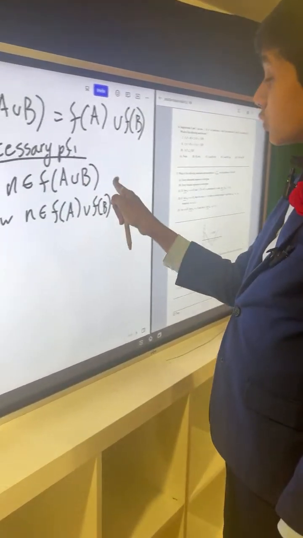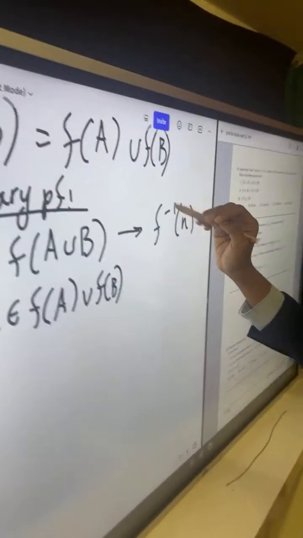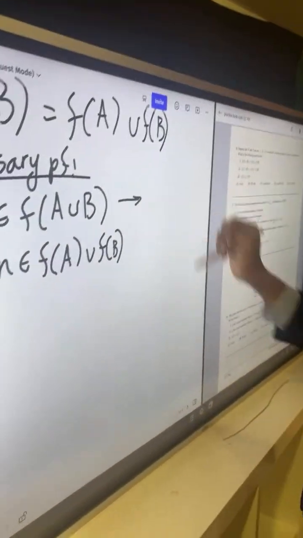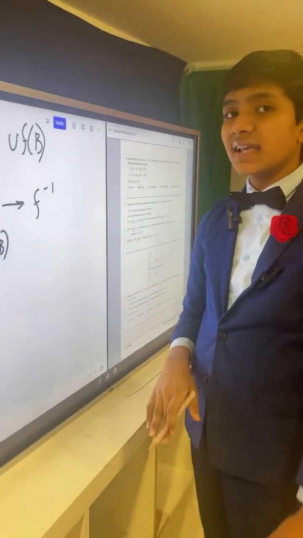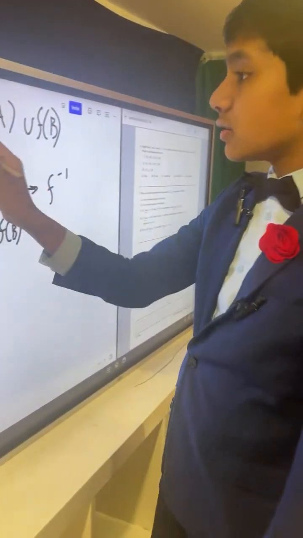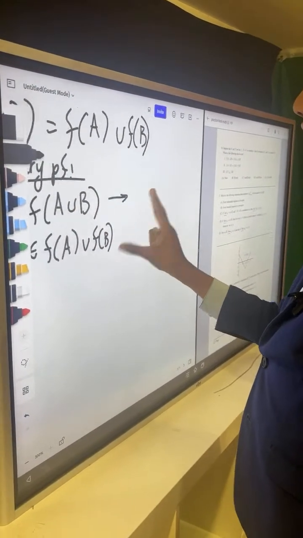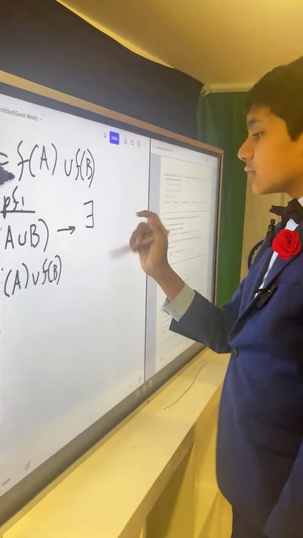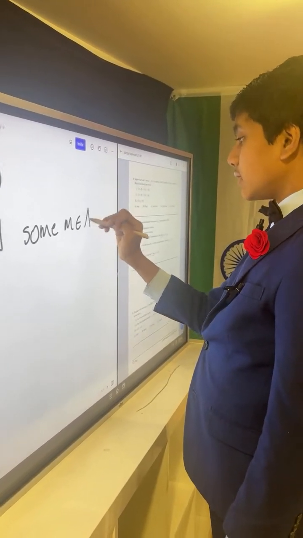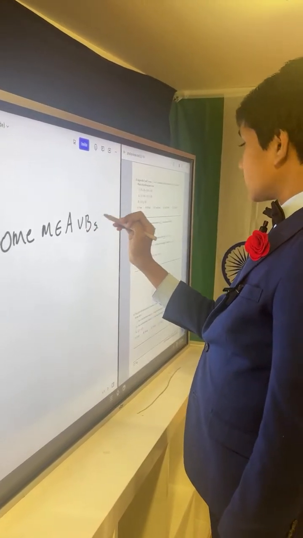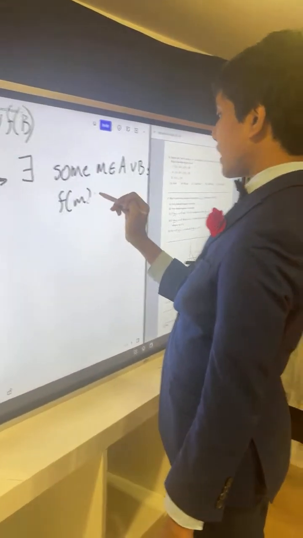So if this is true, what do we know? We know that f inverse of n, if it exists, whatever mapped, so f minus 1 may not exist over the entire domain, but we do know that, of course, given that n is in this set right here, there must exist some m in A union B such that f of m is equal to n.